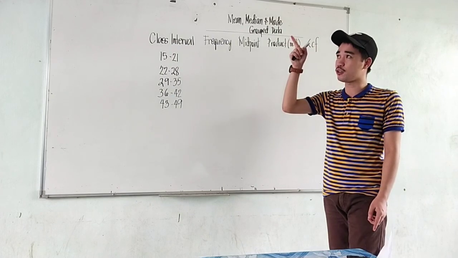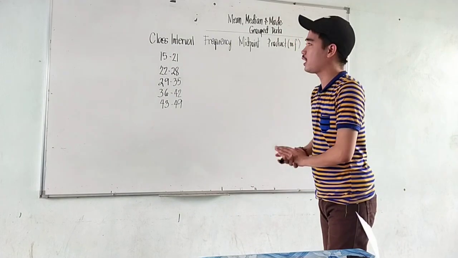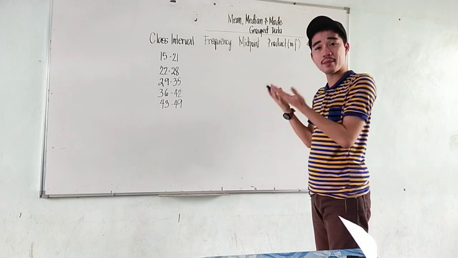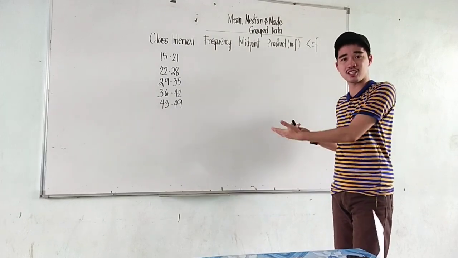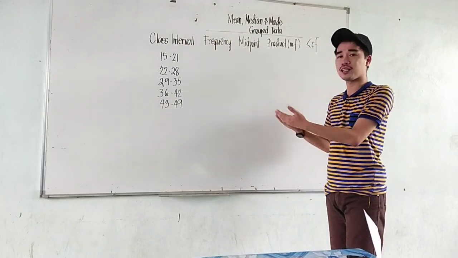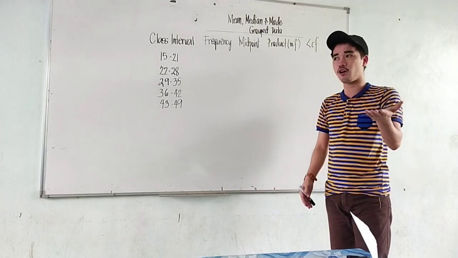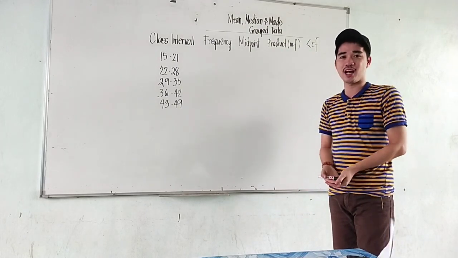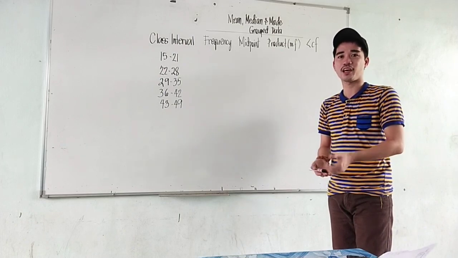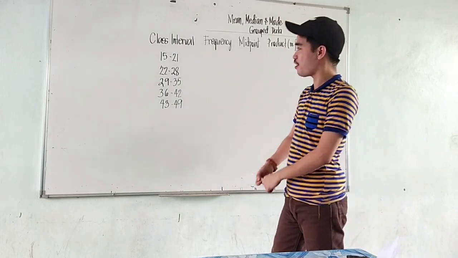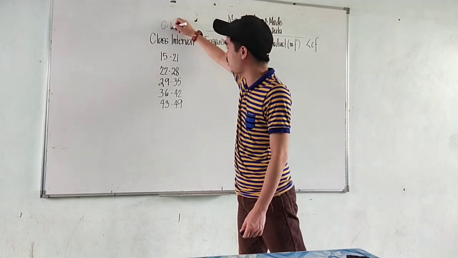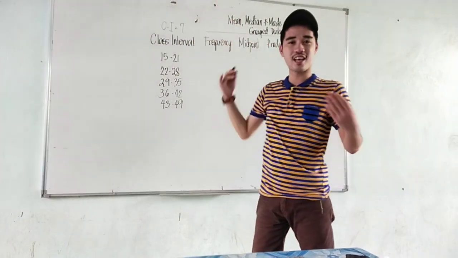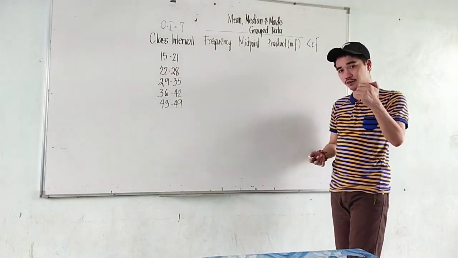Tingnan nyo po. You can comment in the comment section how many the class interval is. Okay, very good, nabasa ko. 7. Our class interval is 7. Thank you very much po sa correct answer.